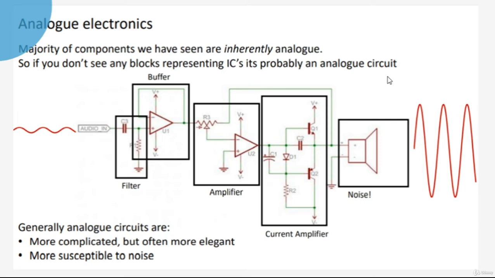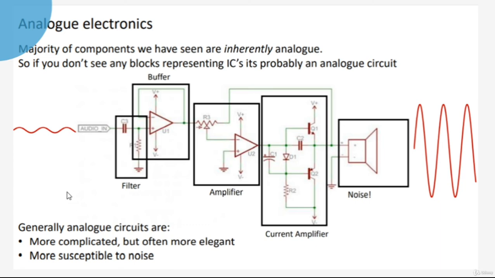But the analog circuit doesn't have a lot of ICs. It has a lot of capacitors, transistors, for example resistors, and all of that. But unlike the analog circuit, the digital circuit has a lot of ICs and blocks that represent the ICs.